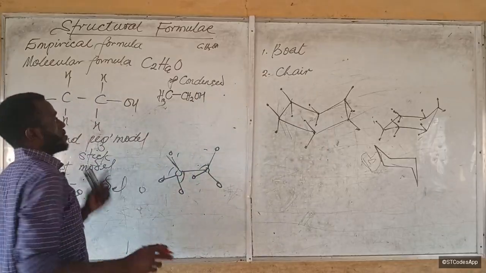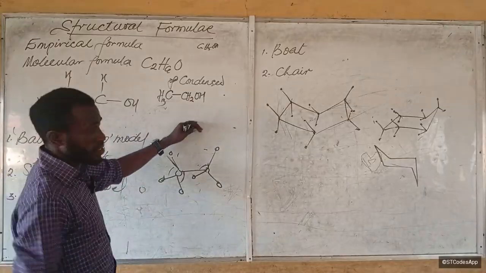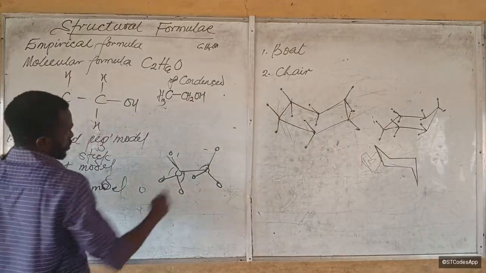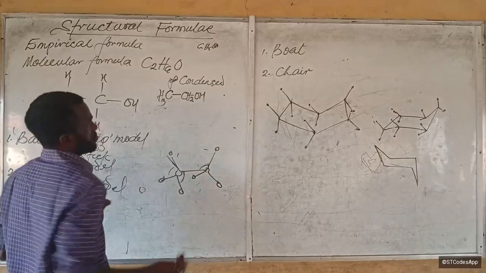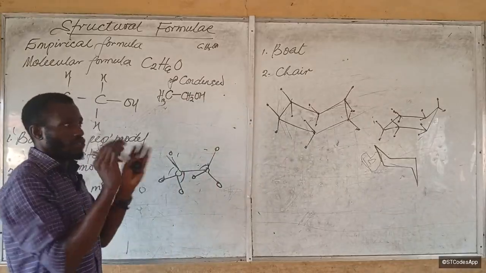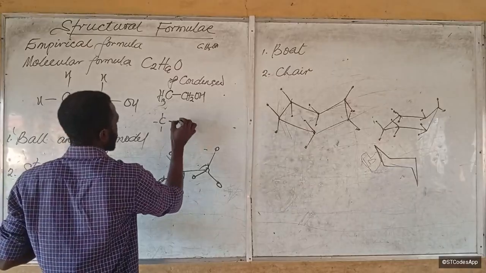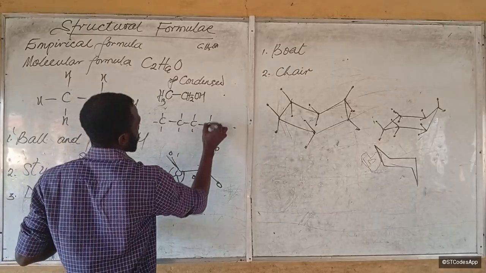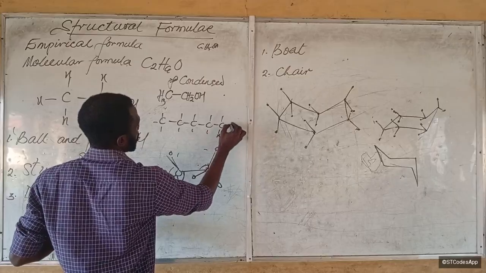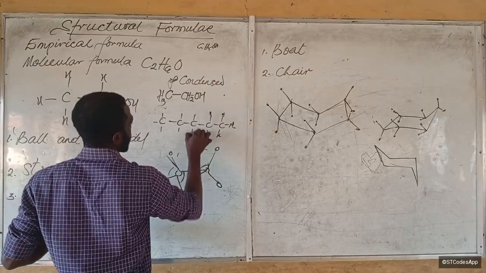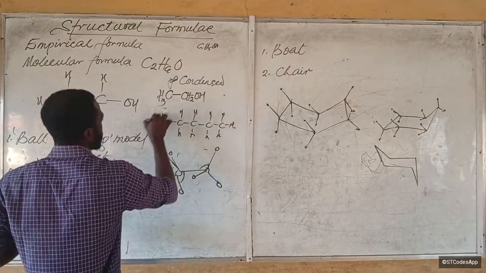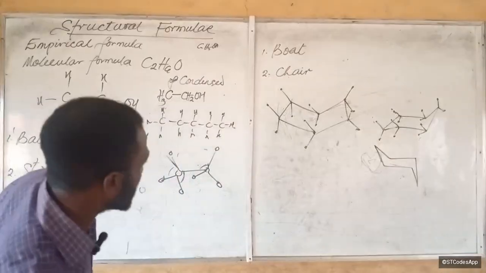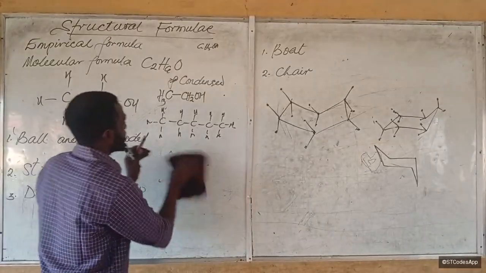Is this clear? All right, so this is going to be the condensed formula. Of course, you can put a bond there if you wanted. If I have something like this now and I wanted to write the condensed formula, it's going to be like this.